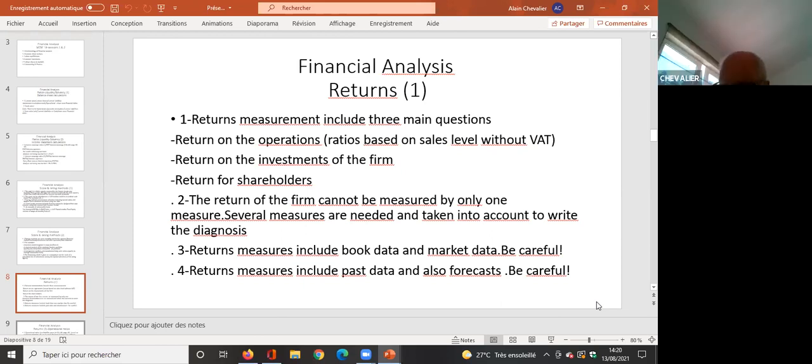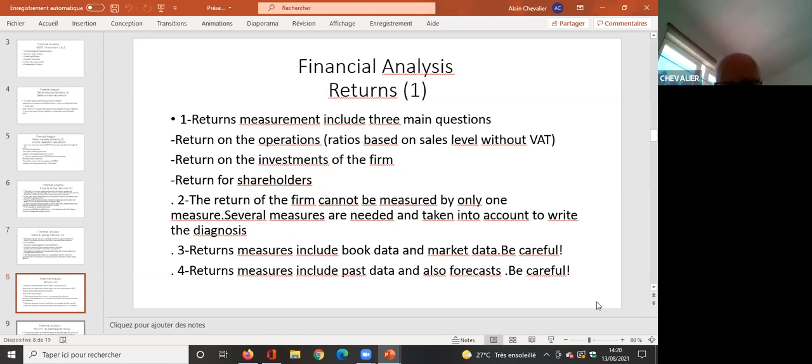One of the problems we have is that we are able to measure some returns, but we are unable to aggregate all these returns into one measure. This is what is written here, 1.2. So that means at the time we write the analysis, we have to take into account different measures and to integrate them into the diagnosis.